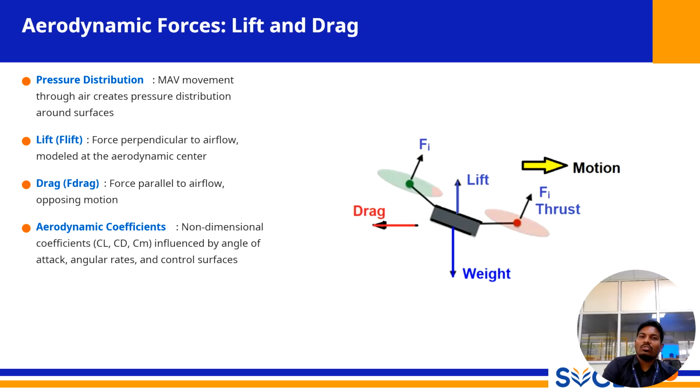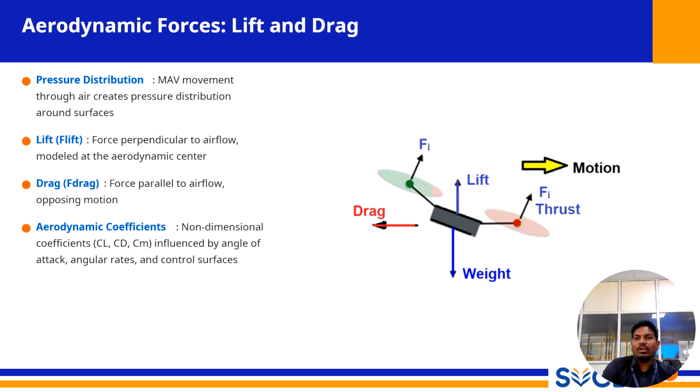The great advantage of using these coefficients is that they remain consistent regardless of the aircraft size, speed, or the altitude at which it flies. The values of these coefficients are primarily influenced by the angle of attack, the angular rate, and the control surface.